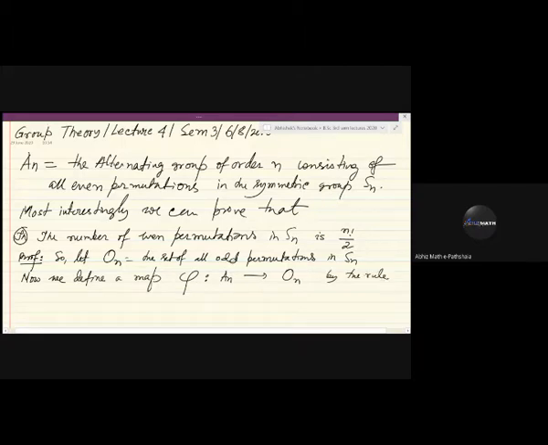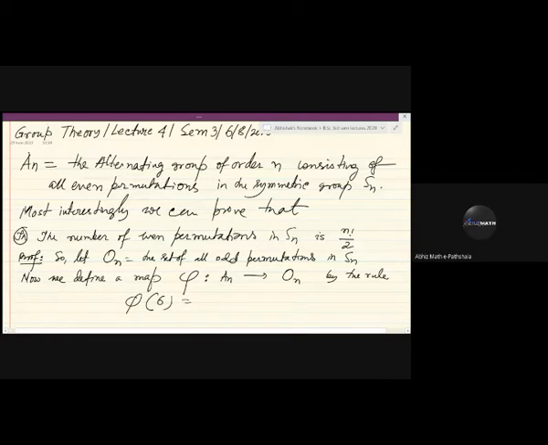What is the definition of this map? That is phi of sigma, where sigma is an even permutation. We have to map sigma to an element in On, that is, it must be an odd permutation. Now sigma is even, so to make the image of sigma an odd permutation, we need to multiply by one transposition. That is the trick.